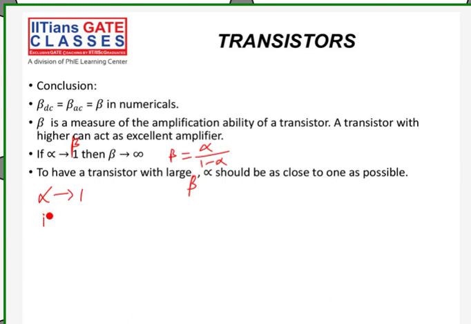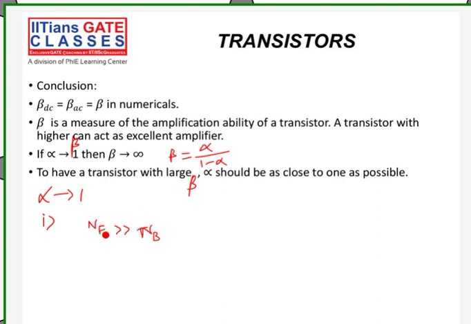First thing is, the emitter doping concentration Ne will be very much greater than Nb.